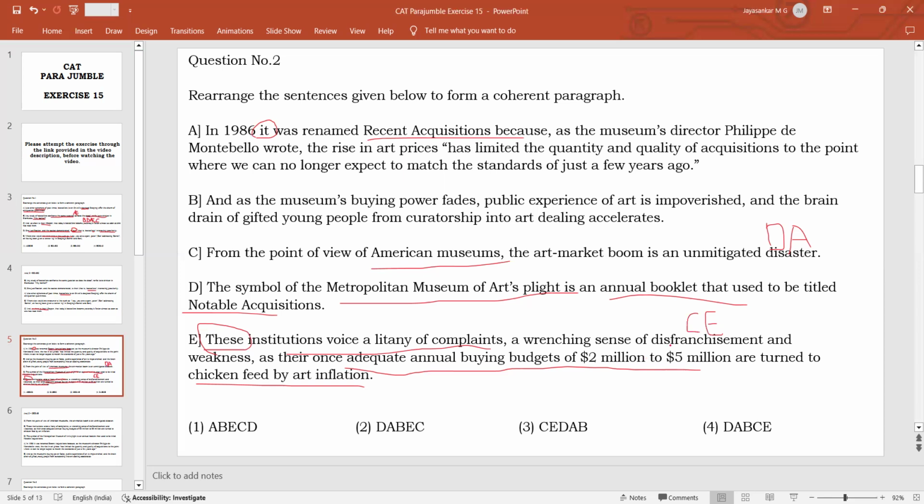They are being made powerless or weakened by the annual budget, which was once adequate, but is not adequate right now. Now it is chicken feed. So CE becomes a very good sentence pair. Then once you talk about the problem, you talk about a particular instance or example of this problem. So CEDA can be a sequence.